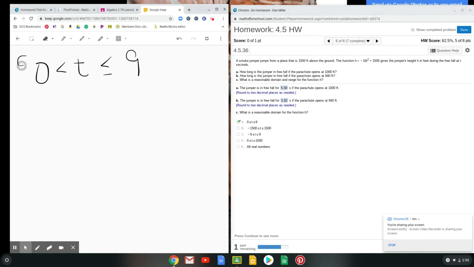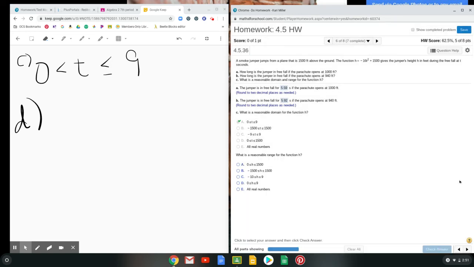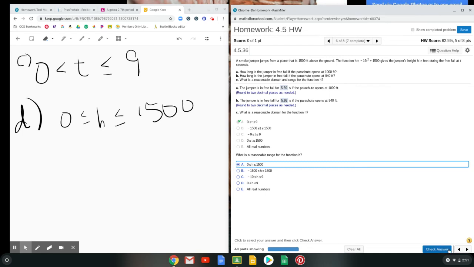That's for part C. And then for part D, we want 0 is less than or equal to h, which is less than or equal to whatever number we have right here. So in this case, it's 1500.